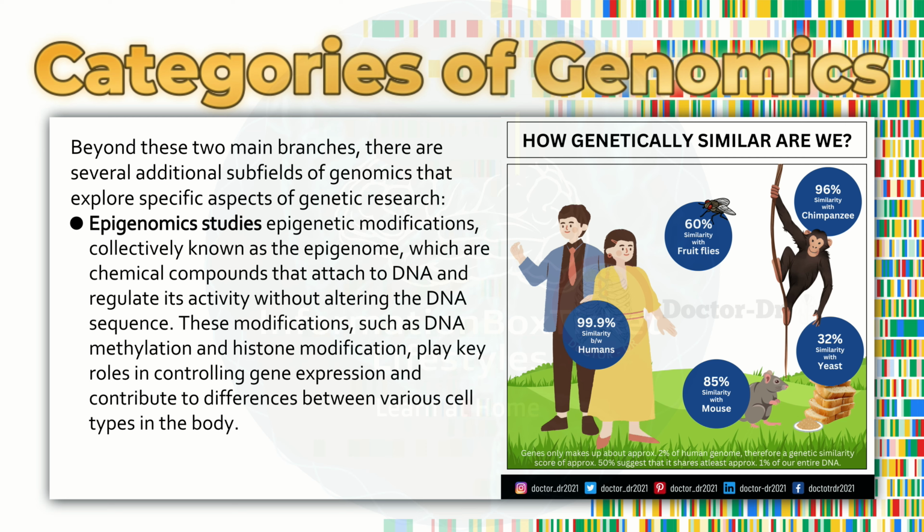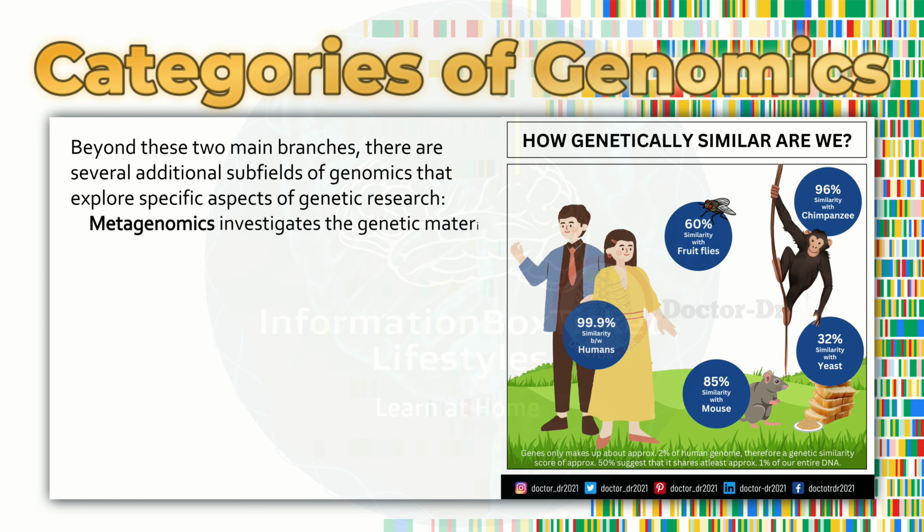Epigenomics studies epigenetic modifications, collectively known as the epigenome, which are chemical compounds that attach to DNA and regulate its activity without altering the DNA sequence. These modifications, such as DNA methylation and histone modification, play key roles in controlling gene expression and contribute to differences between various cell types in the body.